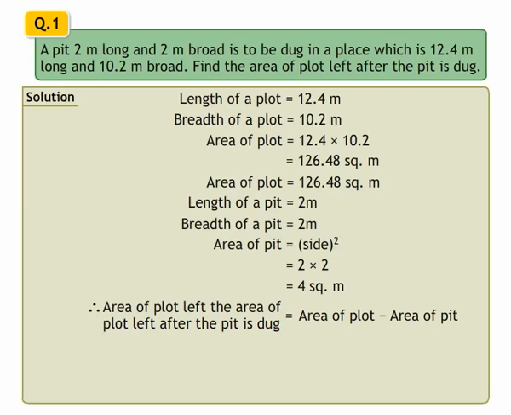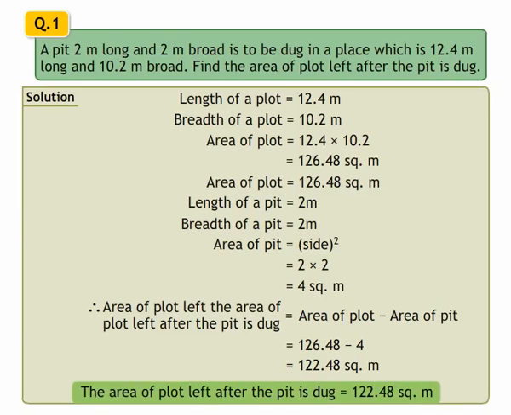This is equal to 126.48 minus 4. It is 122.48 square meters. Therefore, the area of plot left after the pit is dug is equal to 122.48 square meters.